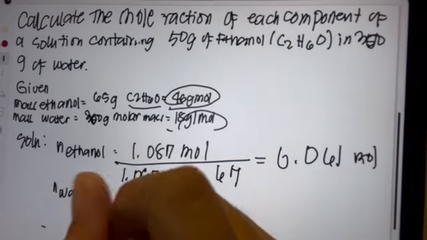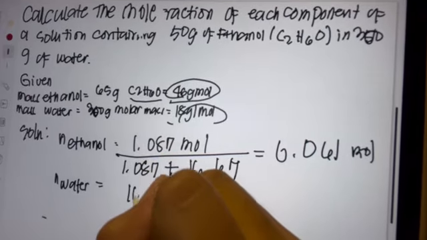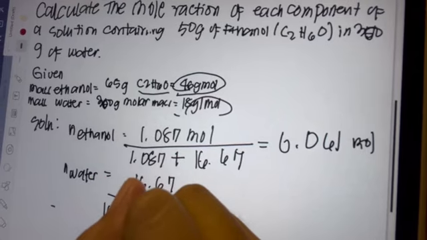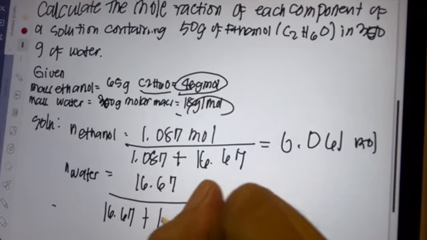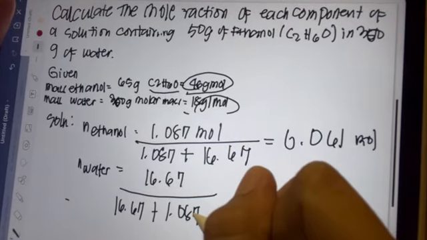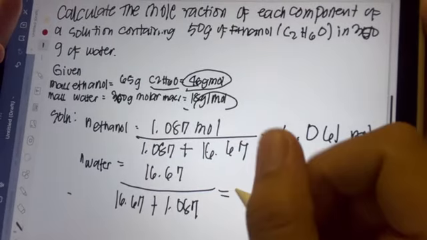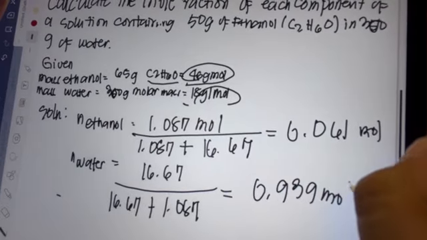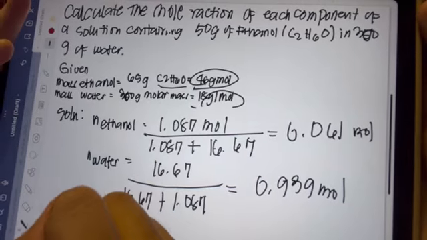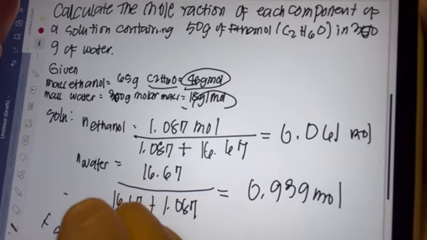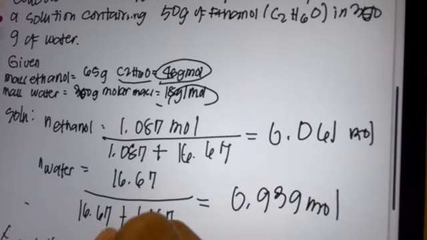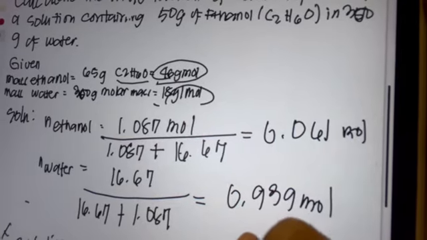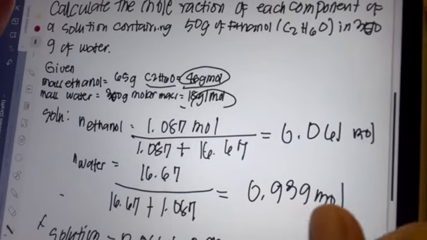And then for water, we'll have 16.67 over itself, 16.67 plus 1.087, which is the ethanol, equal to 0.939 mole. And the last step is to add the total. 0.061 plus 0.939 is equal to 1.